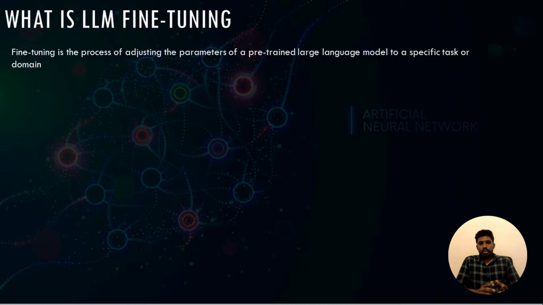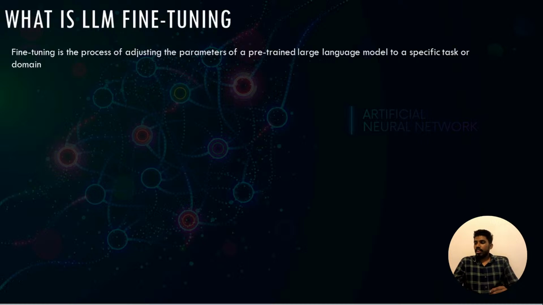If you take a pre-trained large language model, maybe this model has information about medical topics, but it will also give answers to other things. So for this we can use the fine-tuning method.